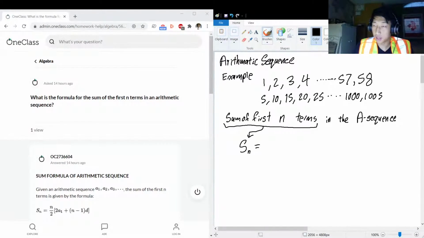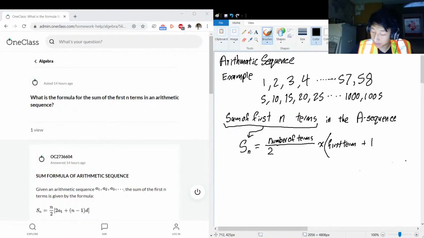That equation is, let me verify to make sure I got this right: it is the number of terms, n, divided by 2, and multiply that by the first term plus the last term.